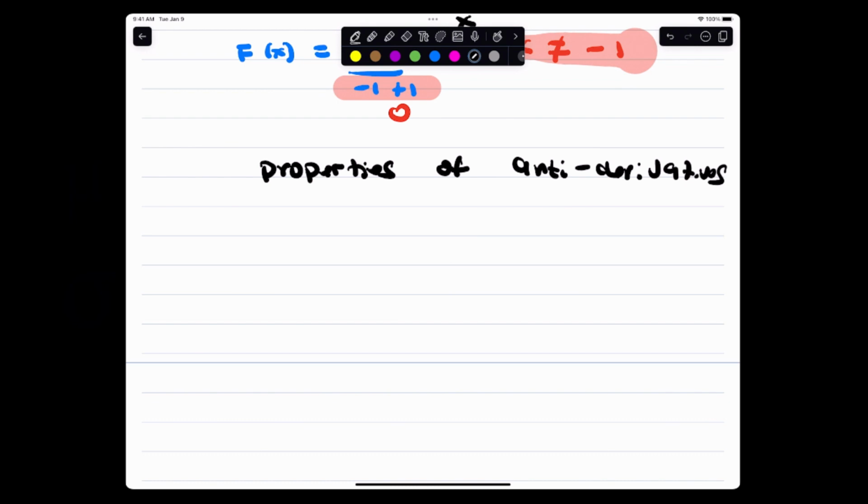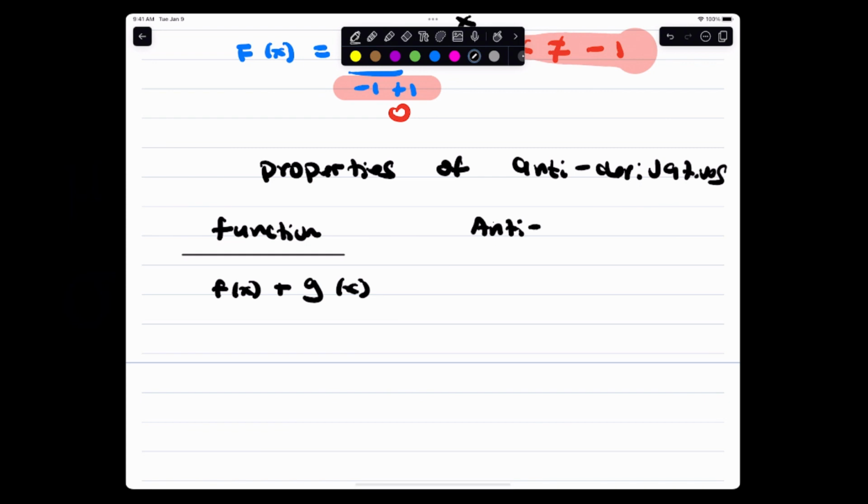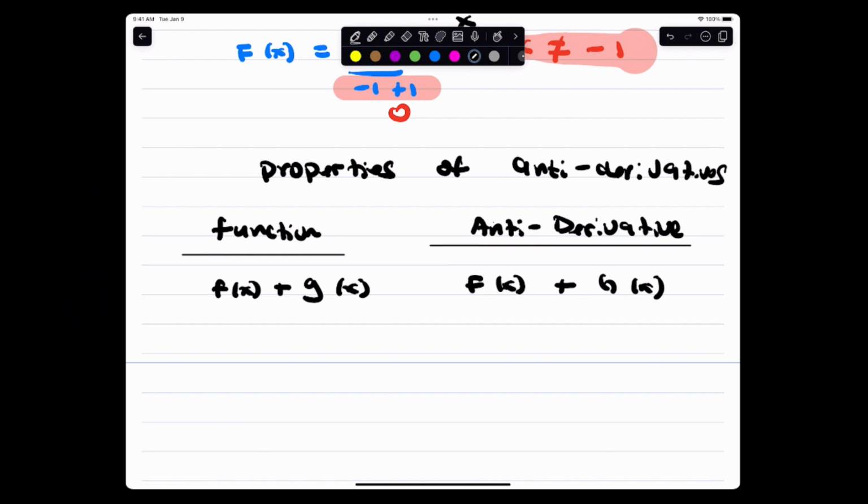The first property is going to be, here's your function. They're going to give you a sum of two functions, and the question is going to be, what's your antiderivative? Well, it's very simple. It's that big F plus big G. So you get the antiderivatives separate. Is that okay? You guys see my point?